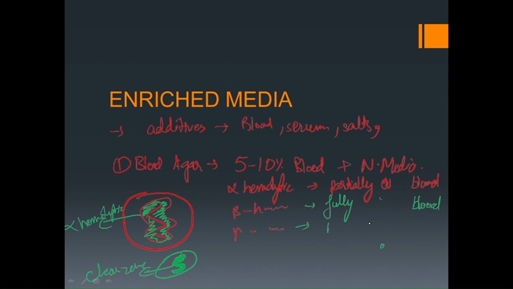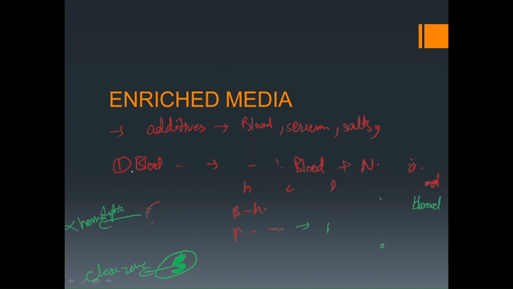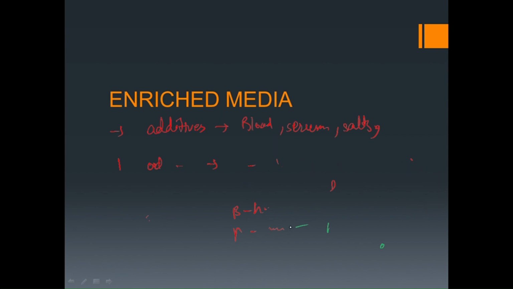Okay, let me now erase this, and I am going to explain the second type of enriched media, it will take time, I'm really sorry. The second type of enriched media is chocolate agar.